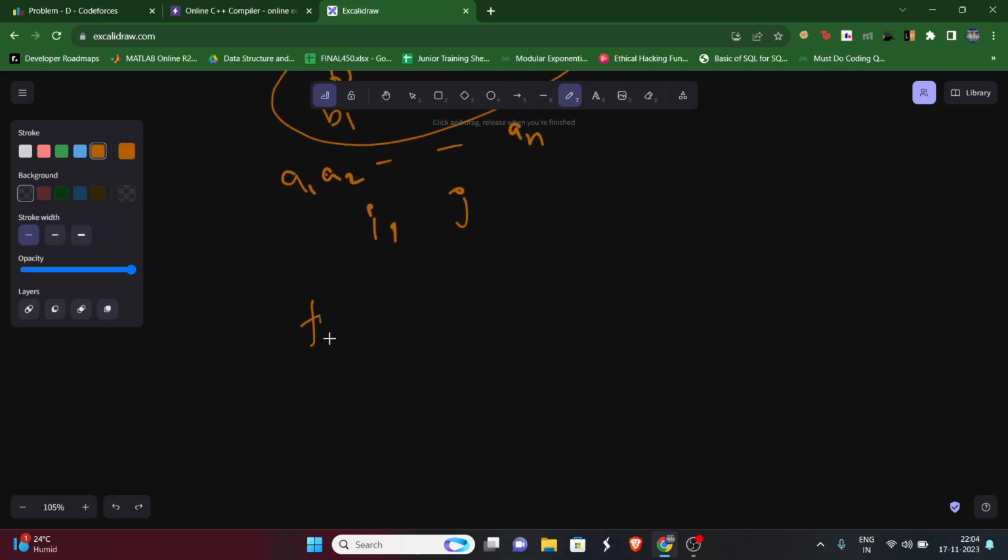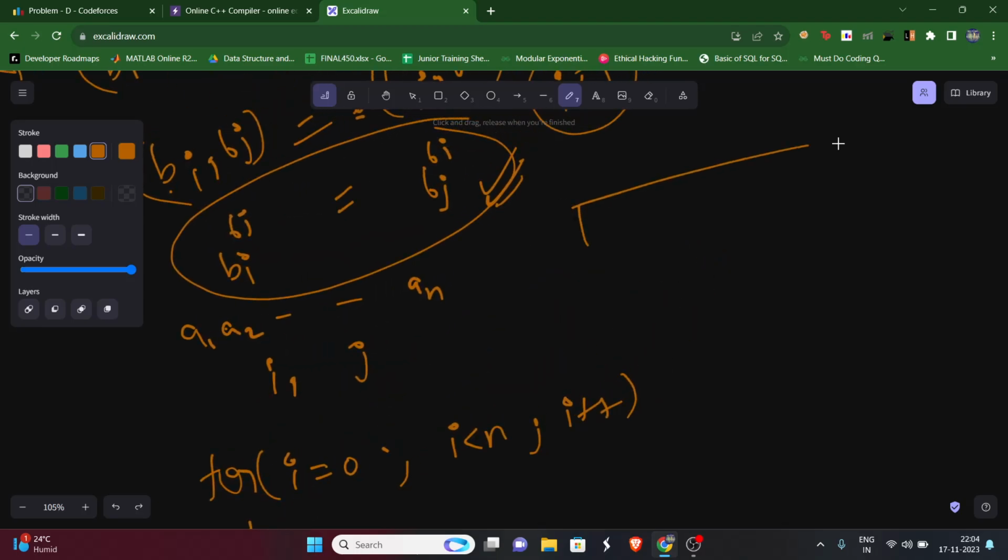We can simply run a loop for int i equals 0, i less than n, i plus plus. For the zeroth position we can pair up with the first, second, third or fourth position, and so on.